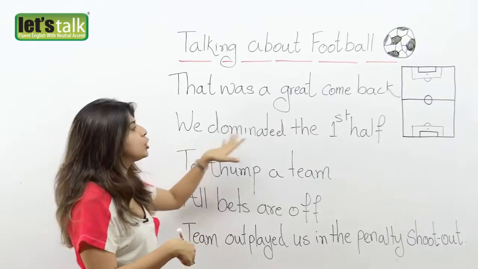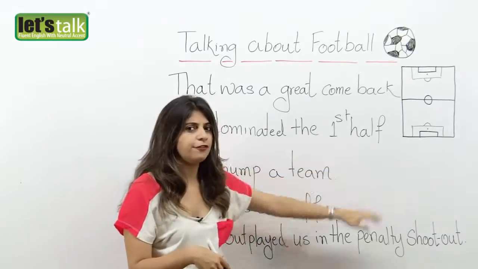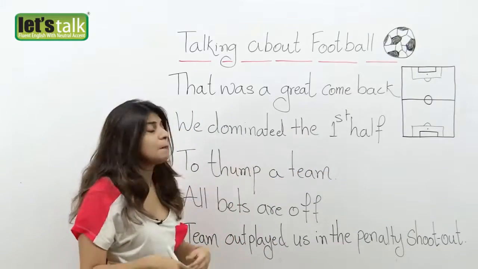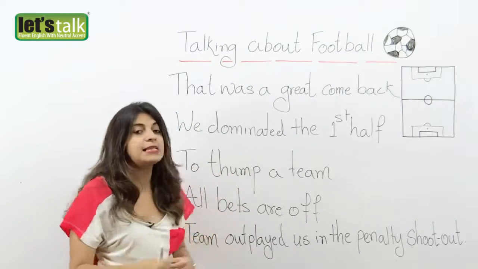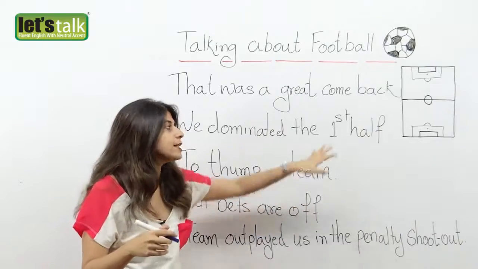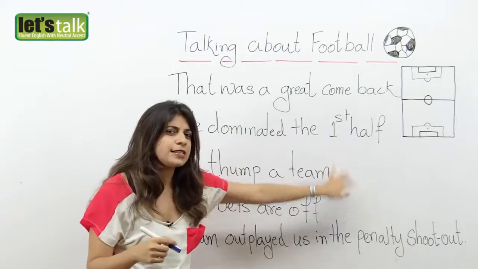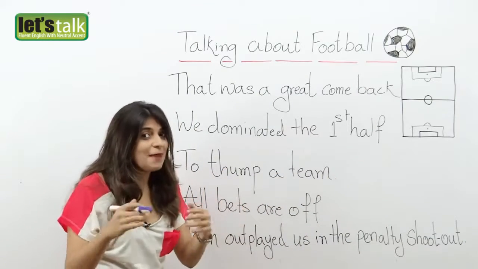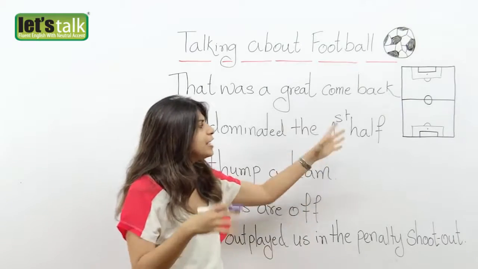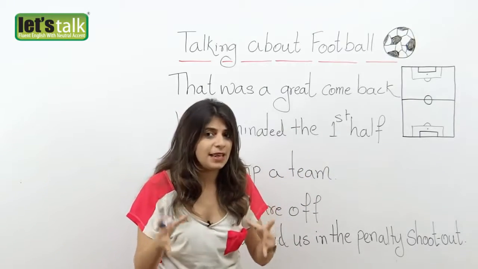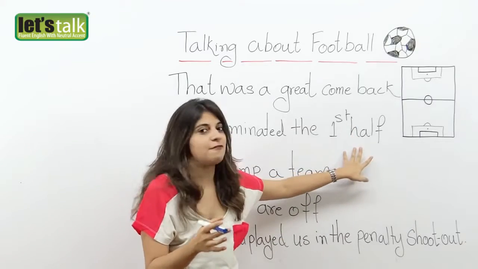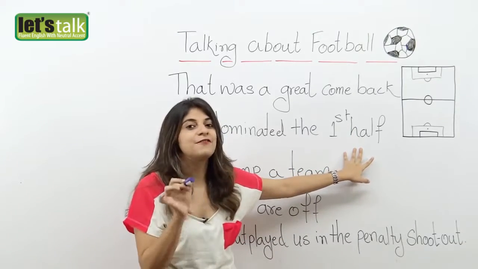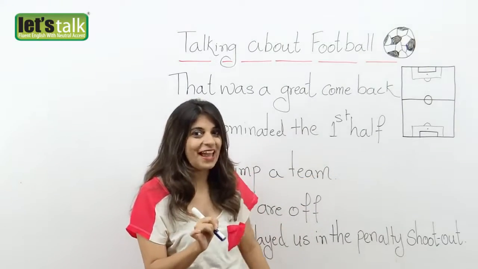Then we dominated the first half. Now, dominated means to have a commanding position, okay? So it definitely means that you ruled the first half. But what does first half mean? Now, in a game of football, it usually is of 90 minutes, okay? It's played for 90 minutes, wherein 45 minutes is considered as the first half of the game, okay?